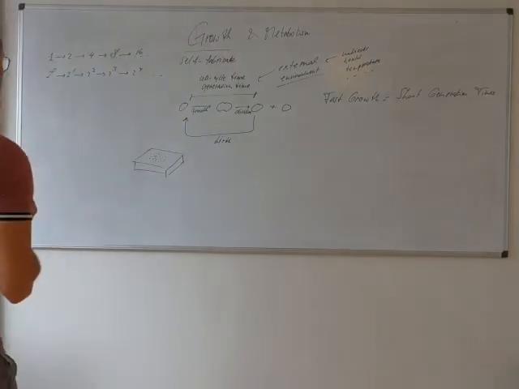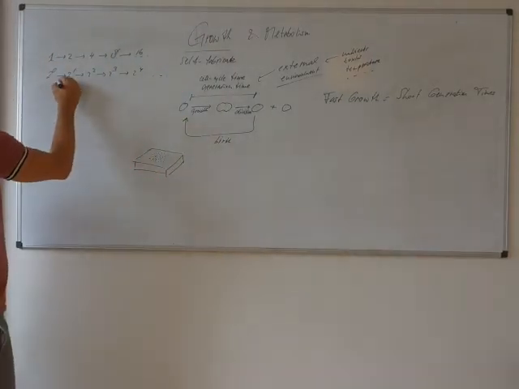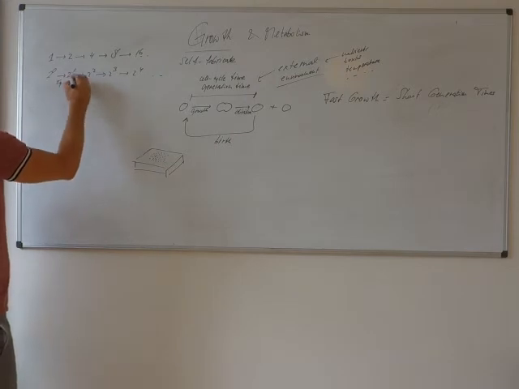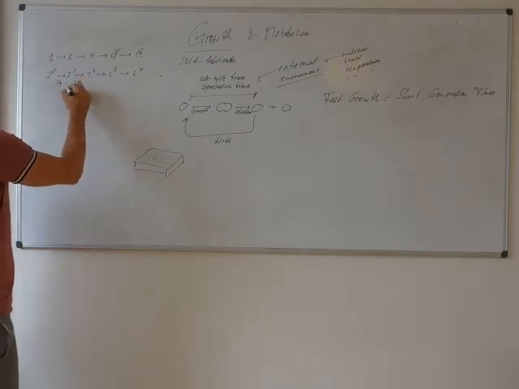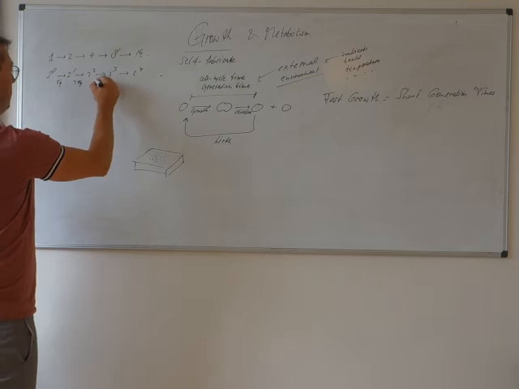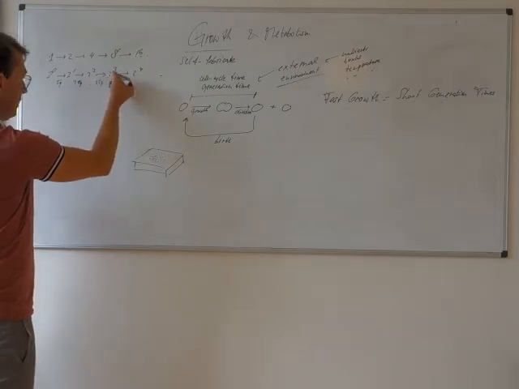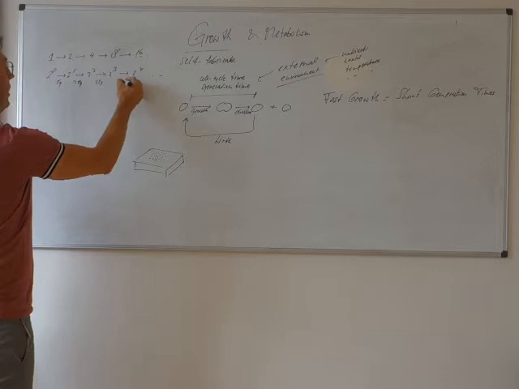Okay? So after one generation time, you have 2 cells. After 2 generation times, you get 4 cells. After 3 generation times, you get 8 cells, etc. Okay?